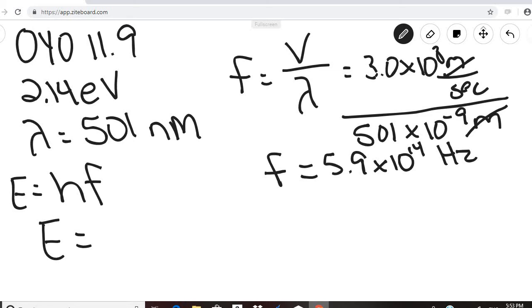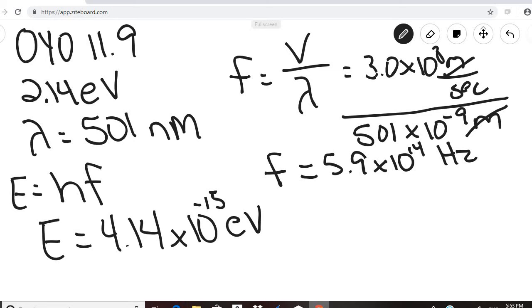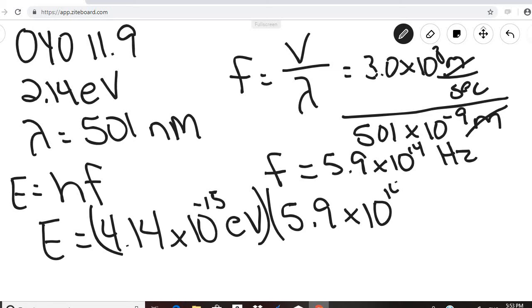You'll be given h. h is 4.14 times 10 to the negative 15 electron volts times seconds, and the frequency is 5.9 times 10 to the 14, 1 per second.